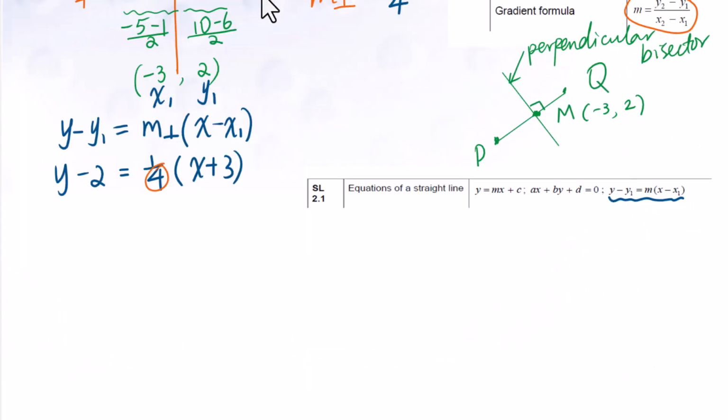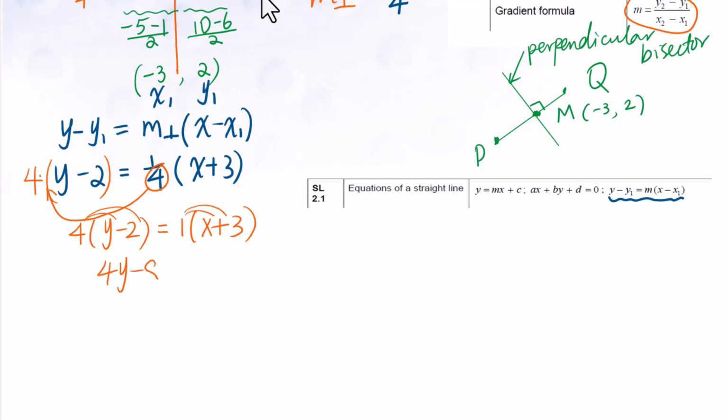We will move this 4 to the left side to do the multiplication. 4 times y minus 2 equals 1 times x plus 3. Distributive property: 4y minus 8 equals x plus 3.